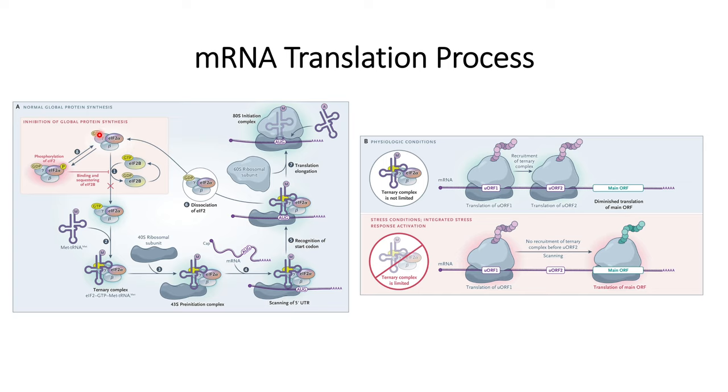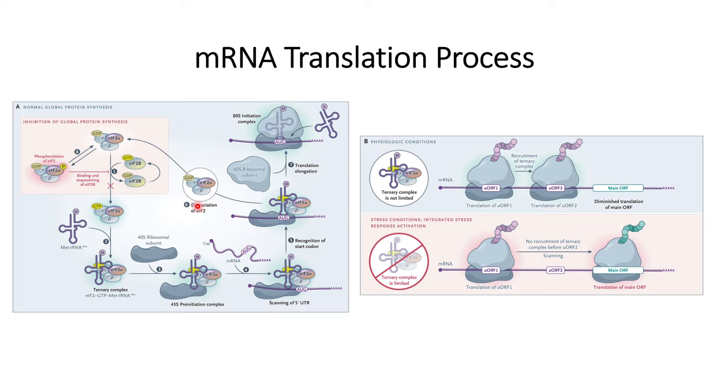However, in case of phosphorylation of EIF2 alpha, it will not convert GDP into GTP, and as this form is less available, this will affect the initiation of mRNA translation. Overall, it will reduce the mRNA translation whenever EIF2 alpha is phosphorylated.